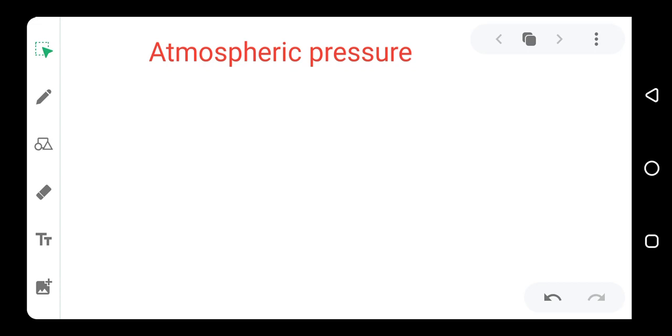What is atmospheric pressure? Atmospheric pressure is the pressure exerted by the air in the atmosphere. When we introduced the concept of pressure, we said that a pressure is a force that is acting on a surface. When air is moving, it causes a pull or a push on a body that it comes in contact with.